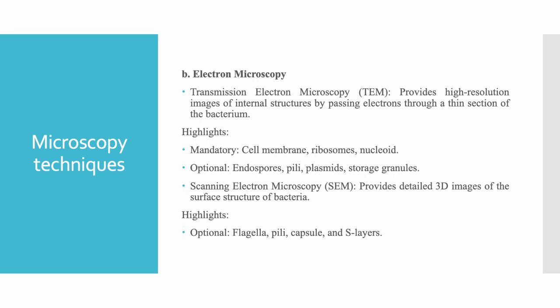So, for negative staining, we can apply the Burri method or the Burri-Gins method. The Burri method applies only one dye. It is simple staining, India ink. It is black ink that covers the entire surface, and it doesn't cover the bacteria with the capsule.